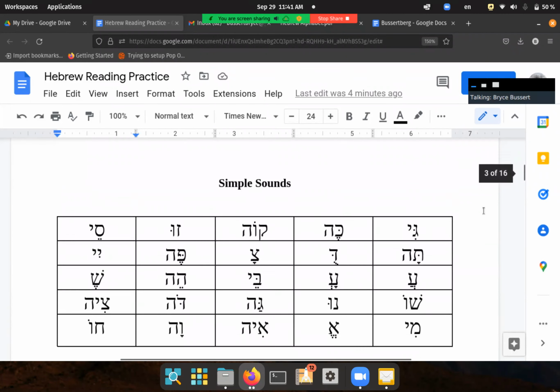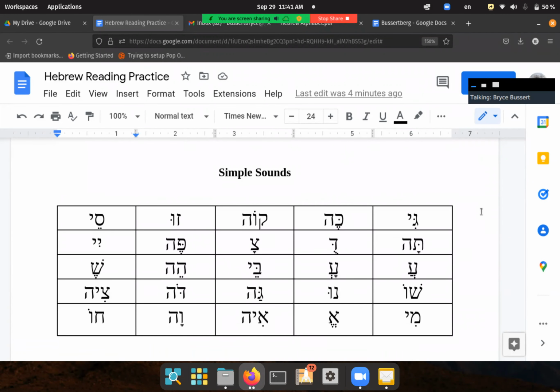All right, moving on to the simple sounds category. We have gi, ke, ko, zu, and say. This is samach.